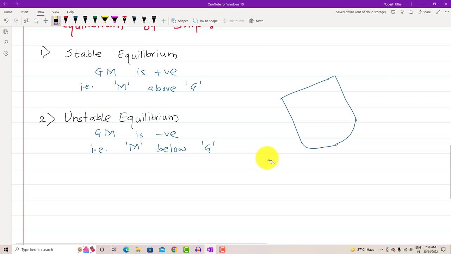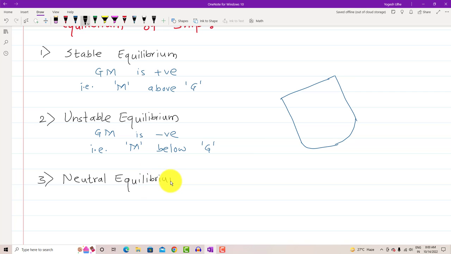Now, what is the third type of equilibrium? Neutral equilibrium. Can you guess the value of GM?